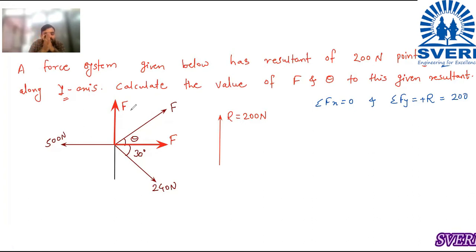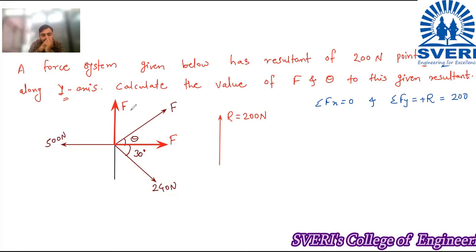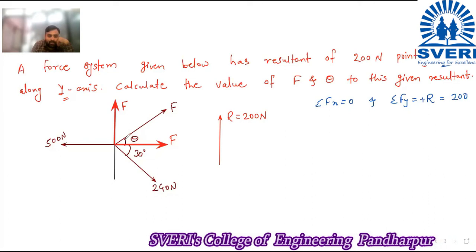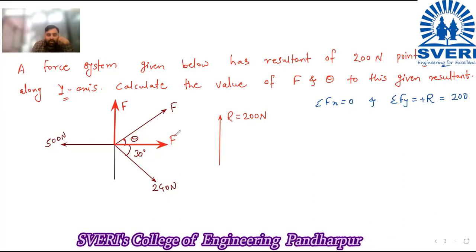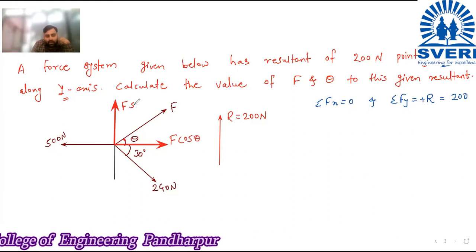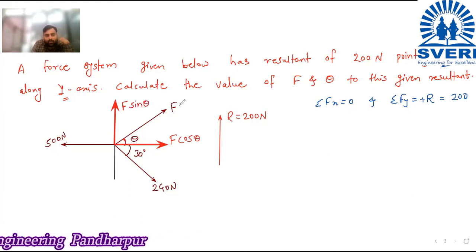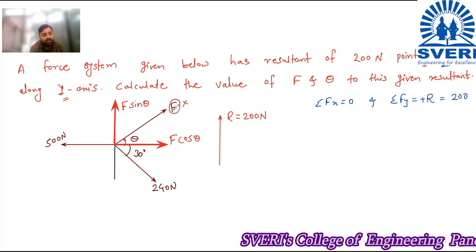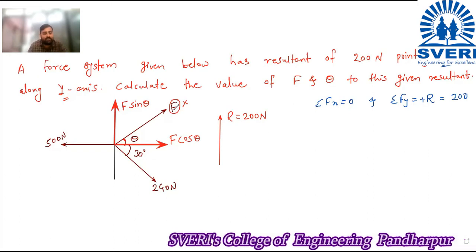X-axis gets cos theta. This component which is horizontal, the theta angle is near to the horizontal component, so we will give cos to the horizontal component and the remaining sin to the vertical component. Now there is no need to consider this main force. In the calculation we will consider the components only, instead of this inclined force.